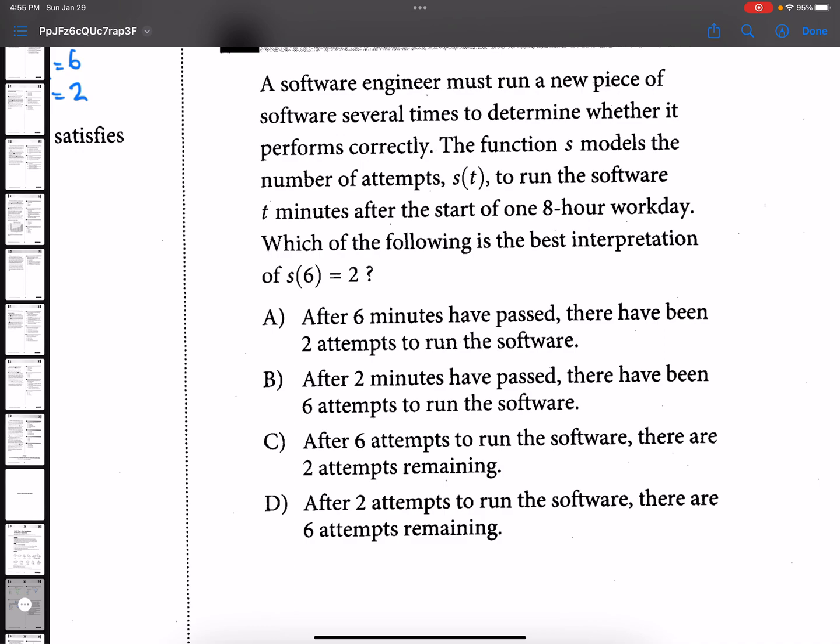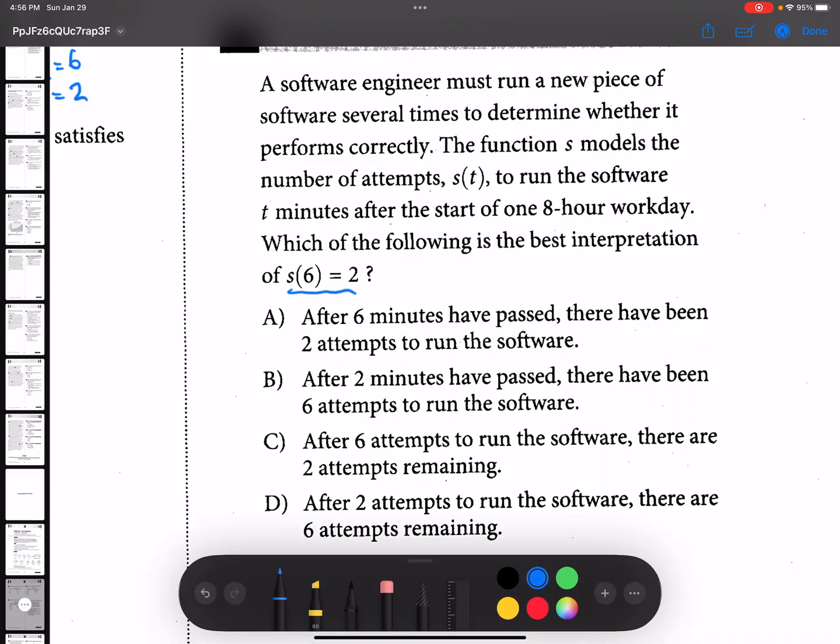Number 4, software engineers, T minutes after the start of a 1 hour workday. Which defines the best interpretation of S of 6 equal to 2? So we're asked what S of 6 equal to 2 means.